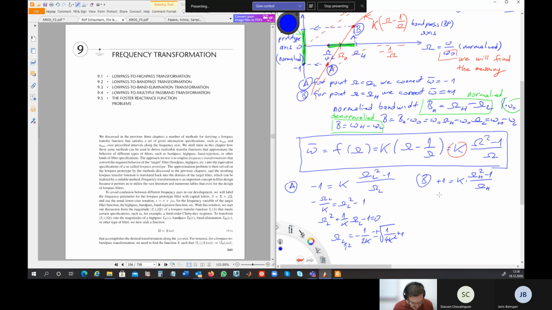Here we can write that omega h square minus 1 over k omega h minus 1 is equal to 0, omega h 1, 2 is equal to plus 1 over 2k, here is plus minus the square root of 1 over 4k square plus 1.